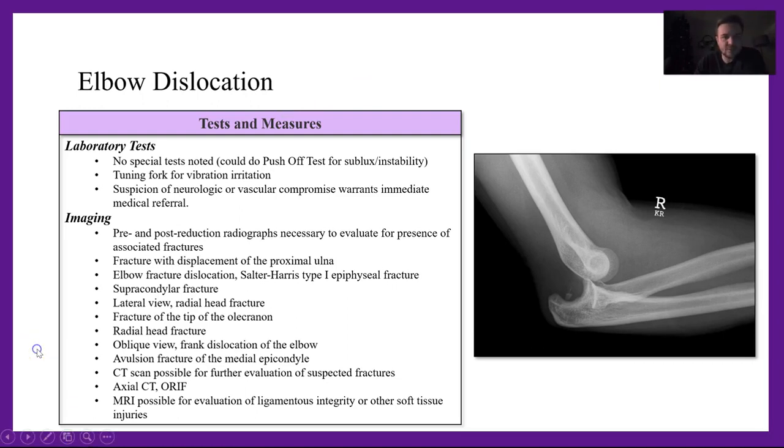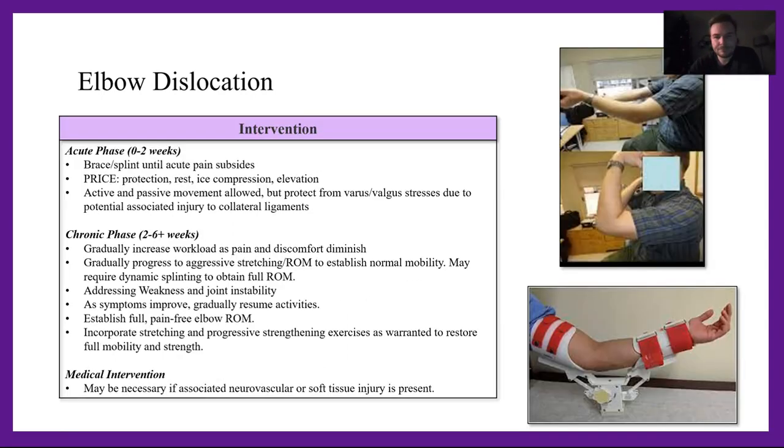You could also use a tuning fork or vibration to see if it irritates the area to rule out a fracture. You also want to check their neurovascular status by doing capillary refill tests, things like that, dermatomal screen as well. So there you have it.